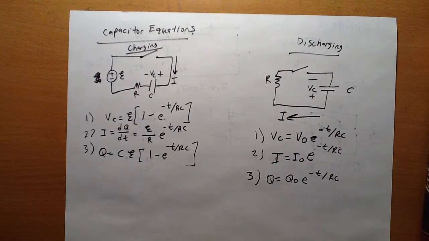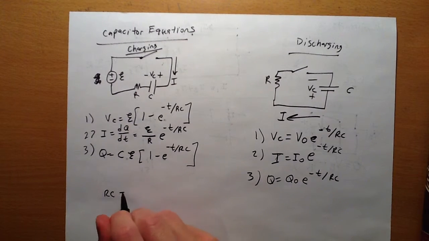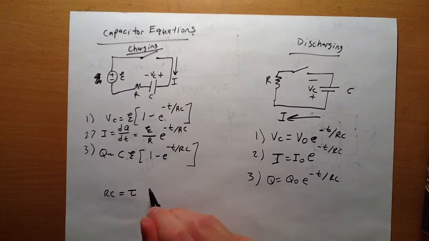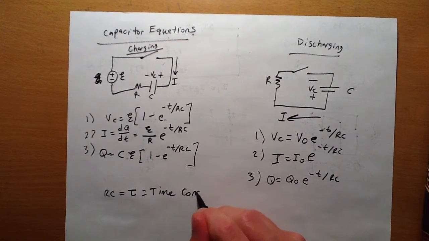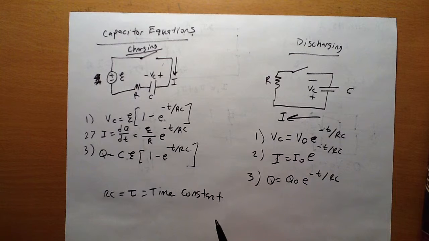So you're going to notice a theme. We always use RC. And this is because RC is equal to tau. Tau is the time constant. The time constant represents the time required for the capacitor to reach 63% of its full charge, or full voltage.